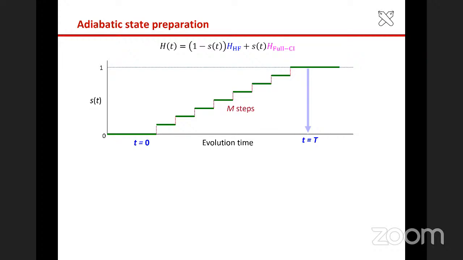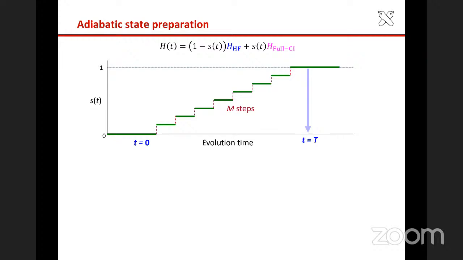But the Hamiltonian should be defined at each step. So what we want to simulate is something like a schedule function, just a linear line. But in the gate-based model, we have to discretize this line and approximate it by this kind of steps.